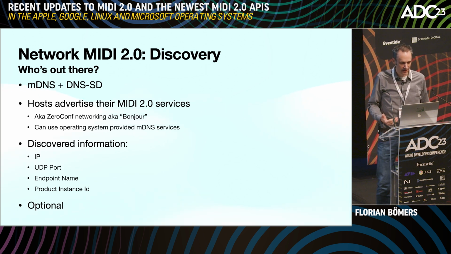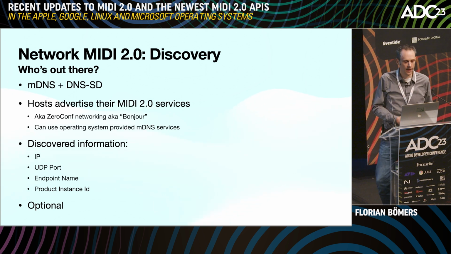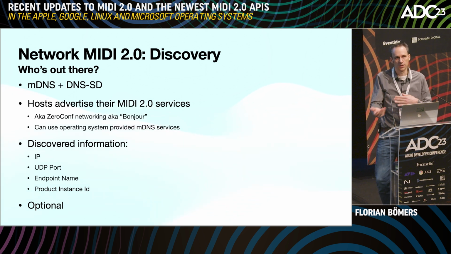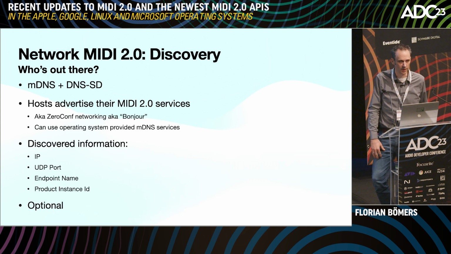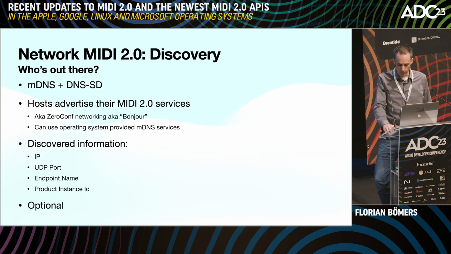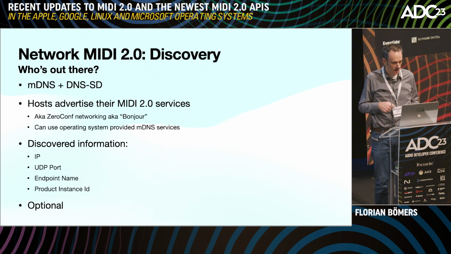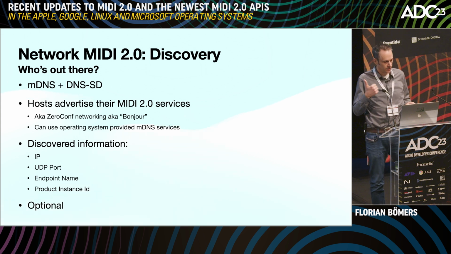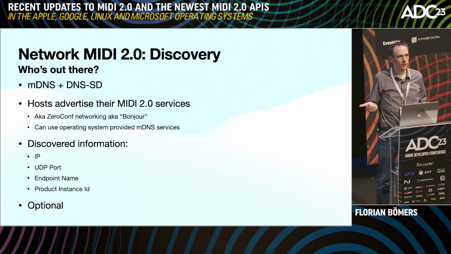So we're trying to use what is available without reinventing the wheel here. Also, all major operating systems provide mDNS services, so you can just use them and you don't need to implement it on your own.